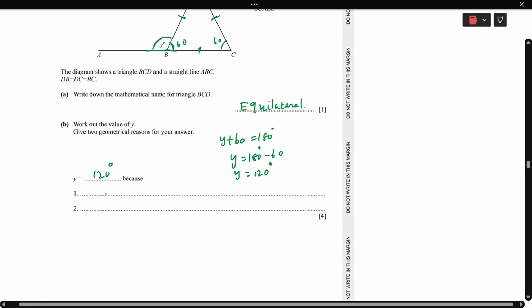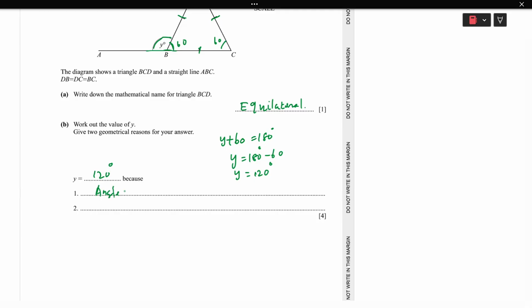So the first reason going to be angles in an equilateral triangle are equal, which is 60 degree each.